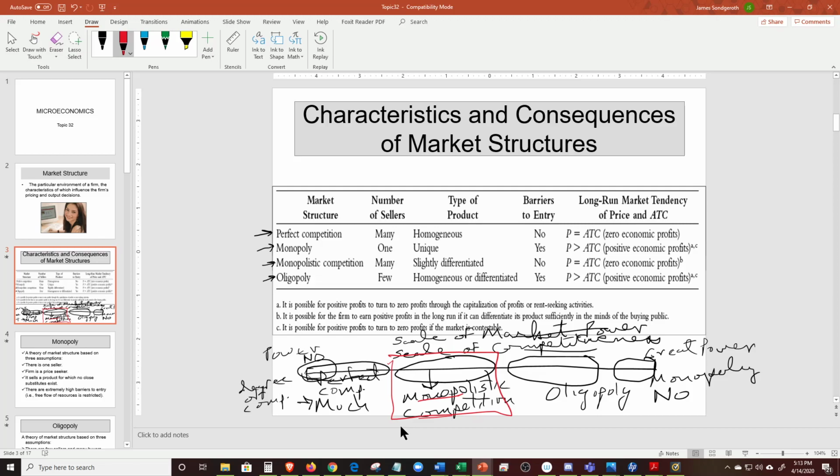But with monopolistic competition, you just want to understand that competition is the noun and monopolistic is the adjective that modifies it. So it's mostly competitive. Oligopoly just means there are a few firms, and monopoly means there's only one firm in the industry. Here, there could be hundreds or even thousands for perfect competition, okay?